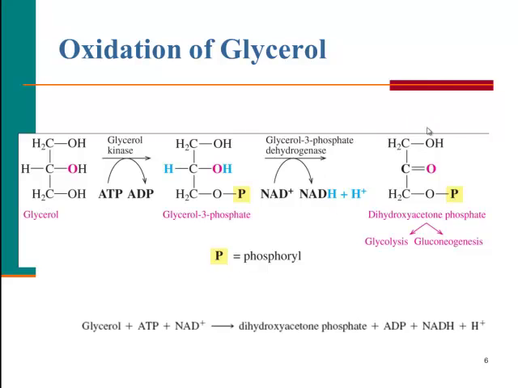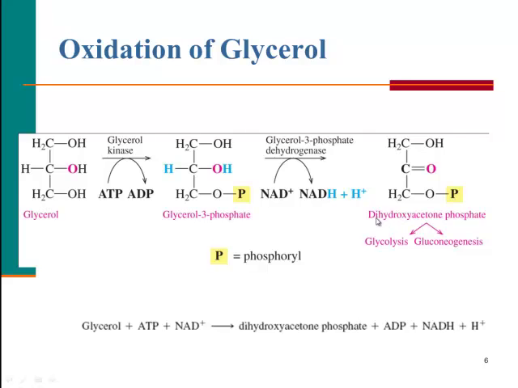I've told you before that when we have bonds between carbons and oxygens, and we're converting from a single to a double bond, that's nearly always going to be accompanied by the generation of a molecule of NADH. Remember, NADH can be utilized to make ATP.